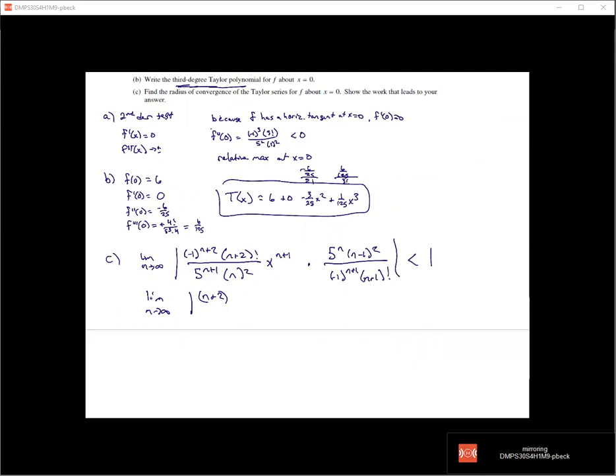The n minus 1 squared over, let's see, losing track of all my terms. This is gone. Then I probably shouldn't erase that. So we still have n squared, and we still have a 5 here. This limit must be less than 1.